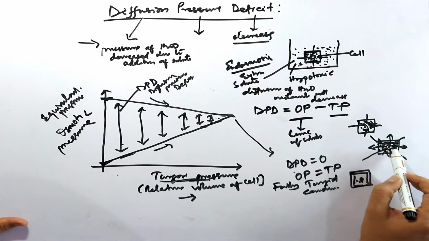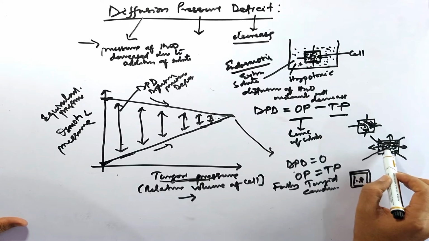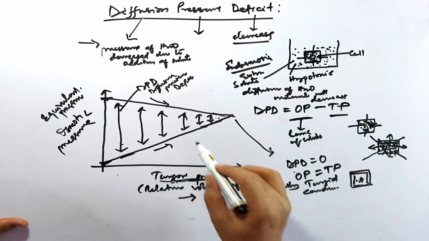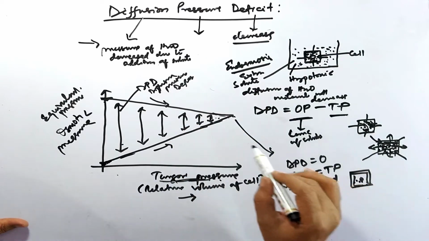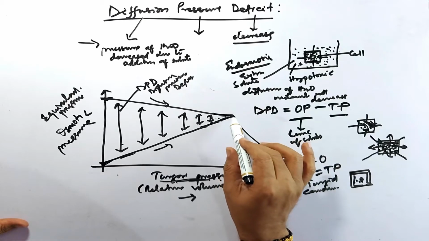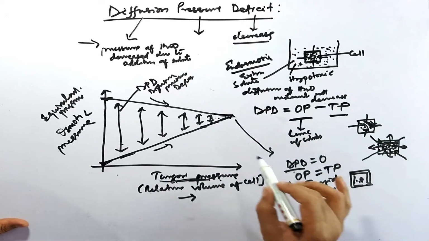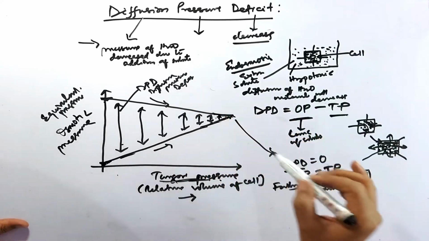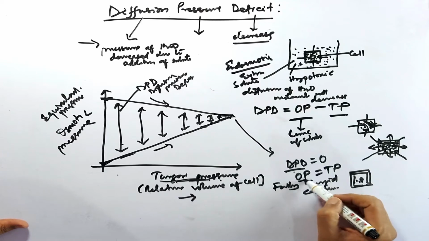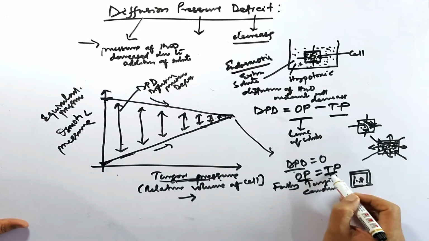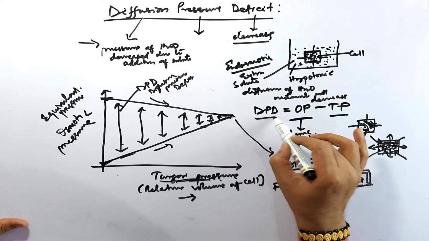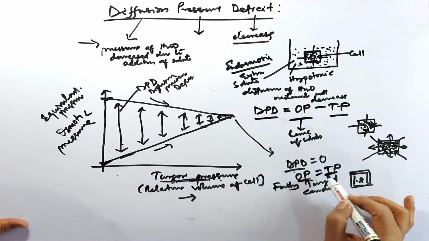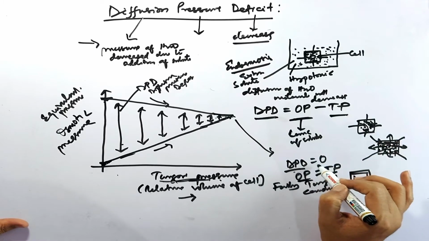When exosmosis occurs, the osmotic pressure increases inside the cell, and when endoosmosis occurs, the turgor pressure increases and the osmotic pressure decreases. Gradually the difference becomes 0. At that time the osmotic pressure is equal to the turgor pressure. So DPD is OP minus TP, and when they are equal, DPD is 0.